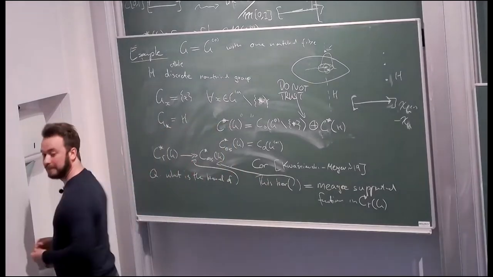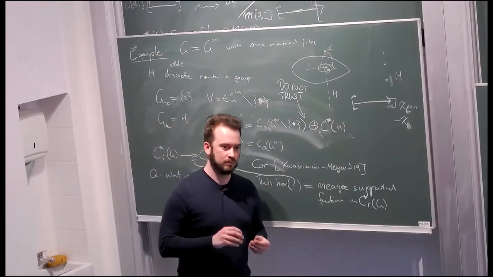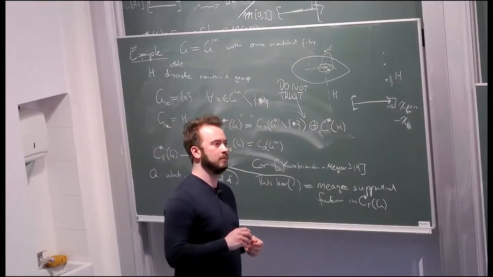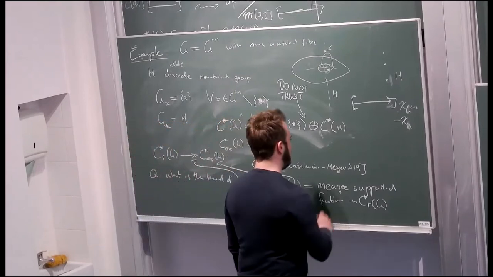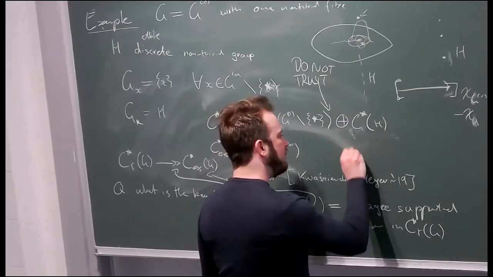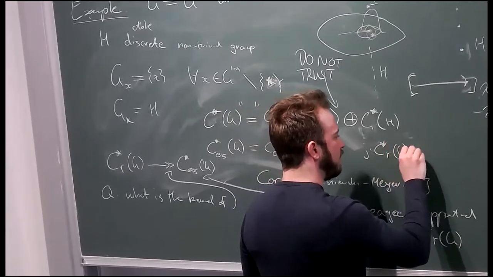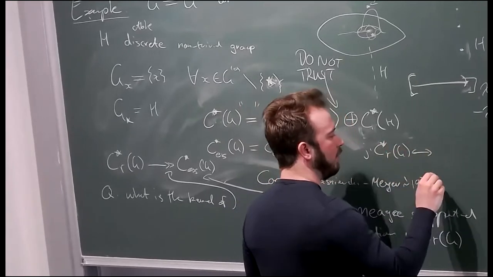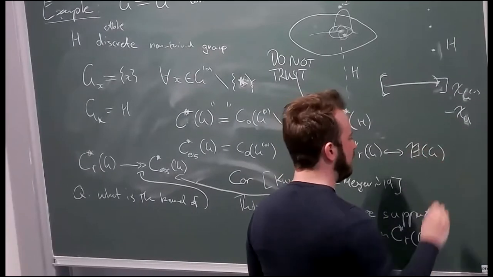So I guess I'm being a bit pedantic, but when you say meagerly supported, I guess you're using this map J, from the reduced algebra to actual sections of your groupoid. Yeah. Something I brushed over a bit is what's called the Renault J-map, embedding the reduced groupoid C-star algebra into the Borel functions on your groupoid.